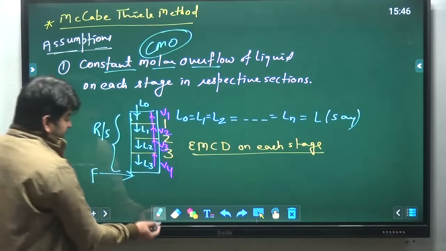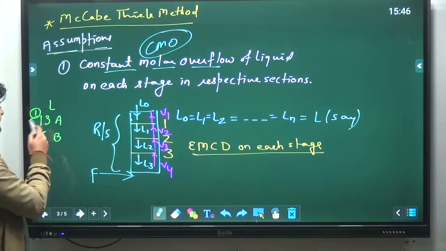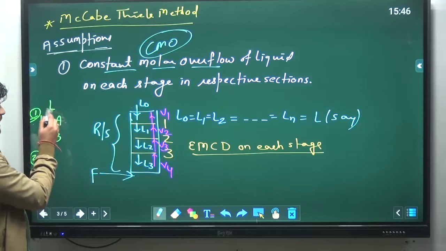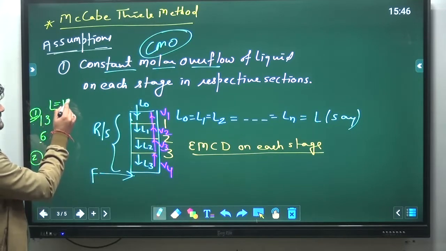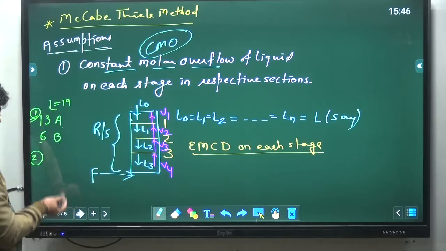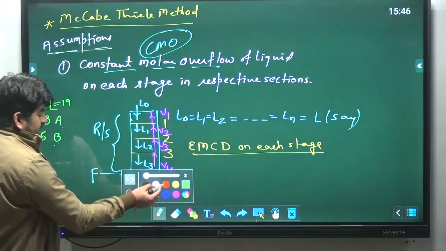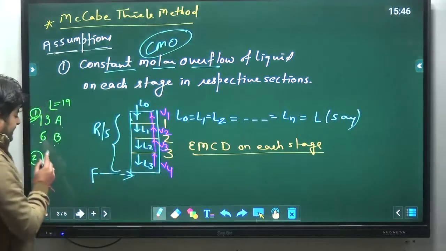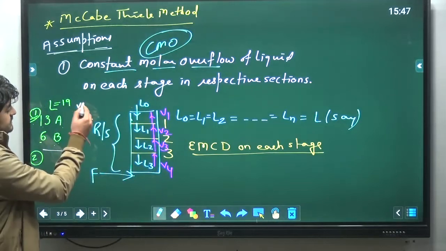Now understand like this. What happens on the first stage? Suppose the liquid leaving the first stage has 13 moles of A and 6 moles of B, so the total amount is 19. It will enter the second stage, where it will come in contact with the vapors.